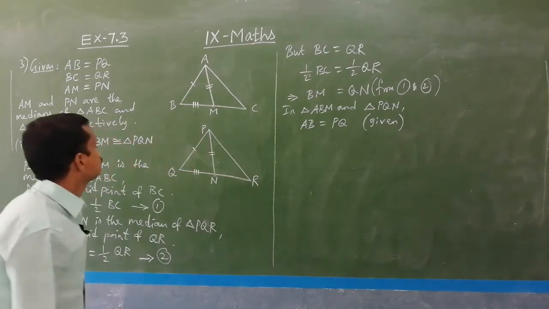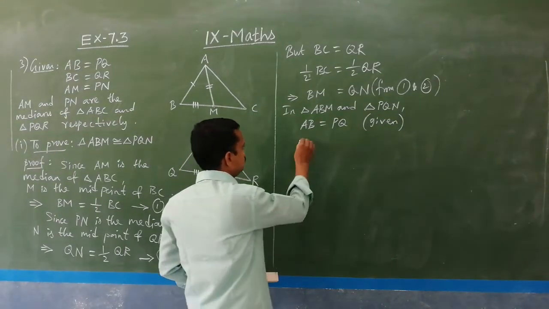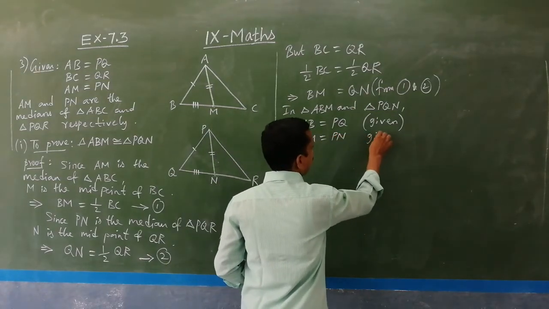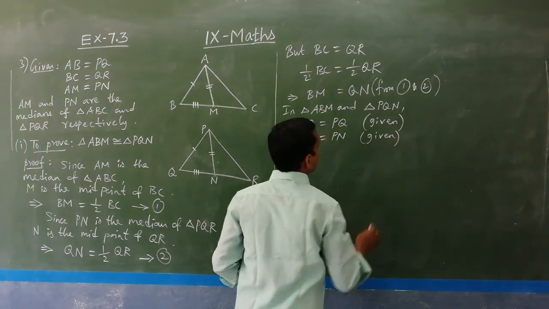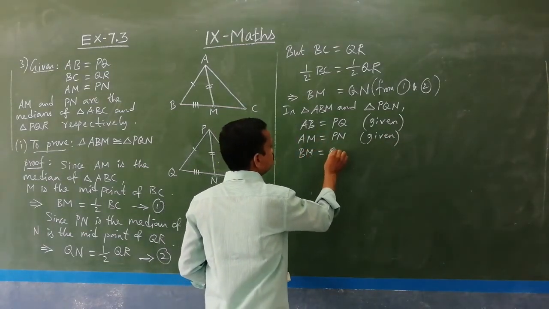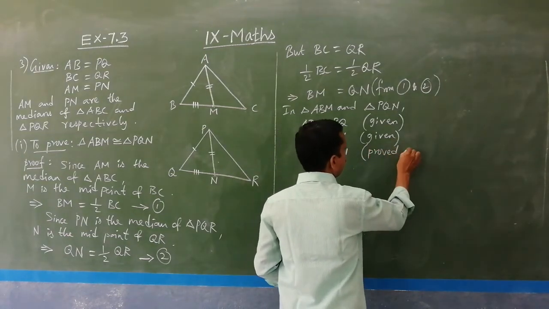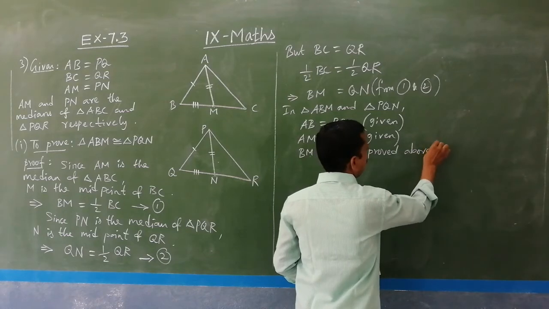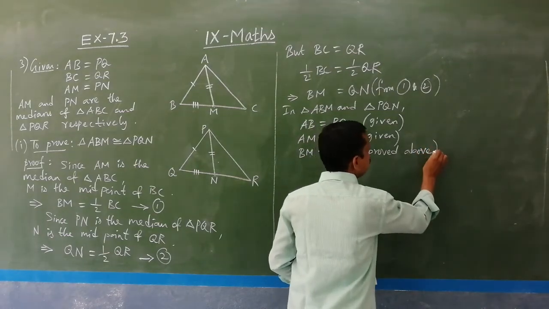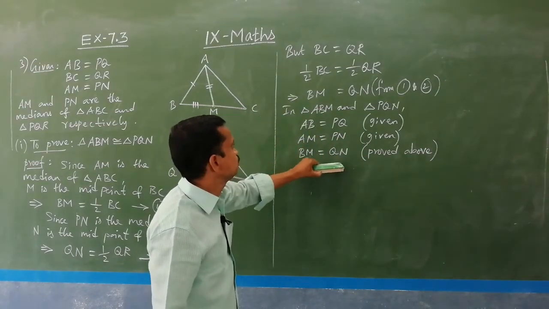And then AM equal to PN, that is also given. And BM is equal to QN, proved above. You have to write proved above, this one, BM equal to QN.